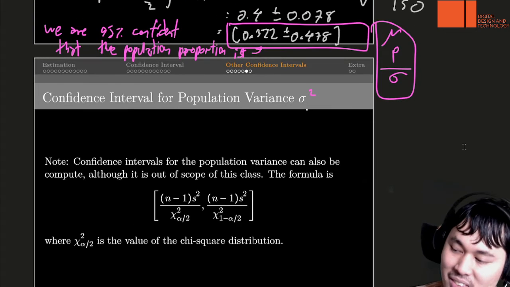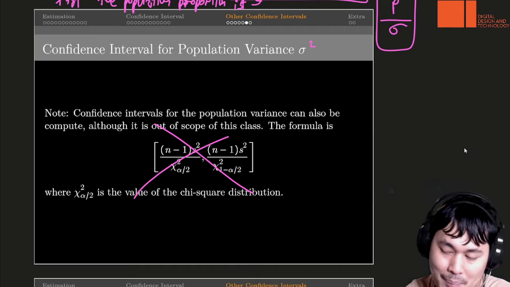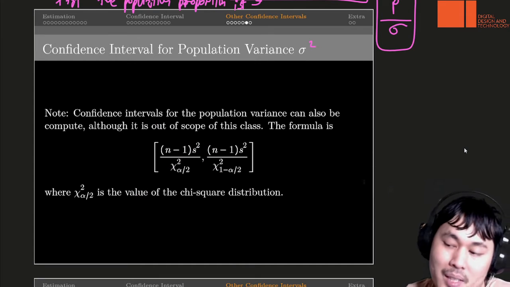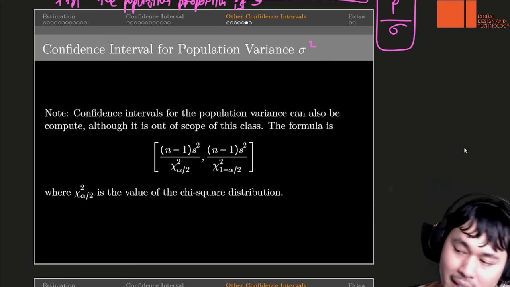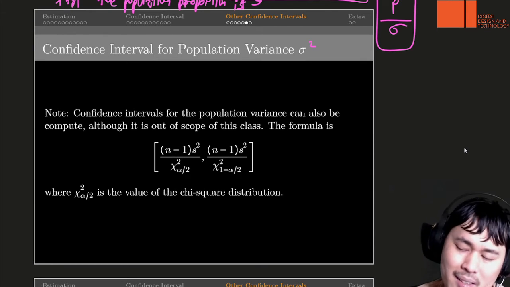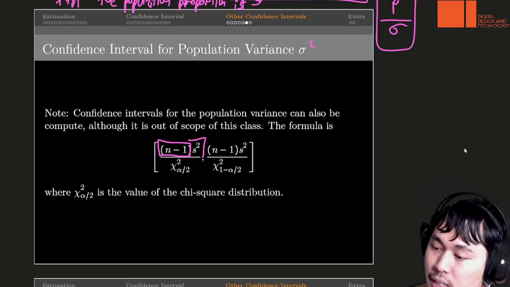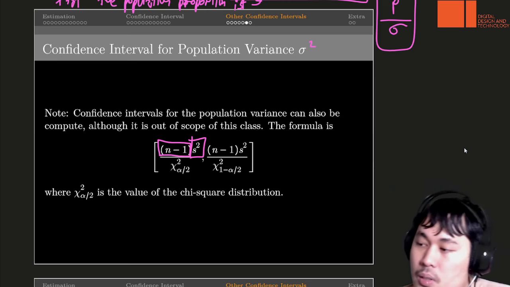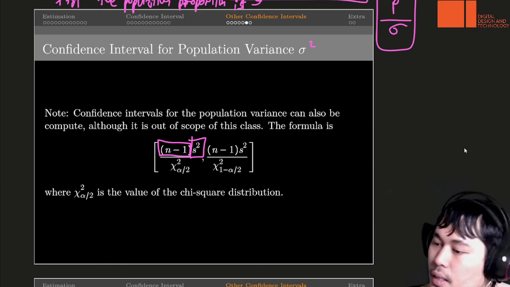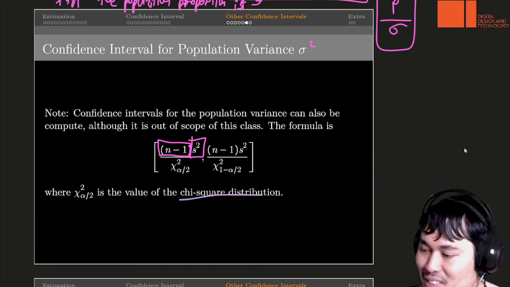But just to give you a complete list of formulas, I'm not going to have you do this in the test. There's a formula for that, and the formula is slightly more complicated. We have n-1 on top here. We have the sample variance square. And we multiply these two together, and we have the chi-square distribution.